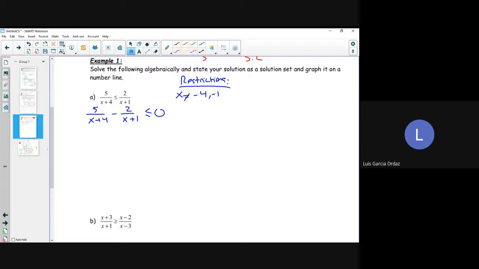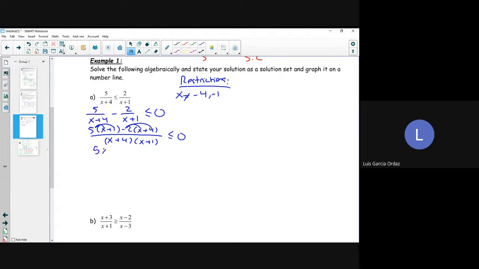Now we're going to pick the common denominator, which is x plus 4 times x plus 1. So we're left with 5 times x plus 1 minus 2 times x plus 4 over x plus 4 times x plus 1, less than or equal to 0. Then all we're going to do is simplify. We distribute the 5 into the bracket and the -2 into the bracket as well.